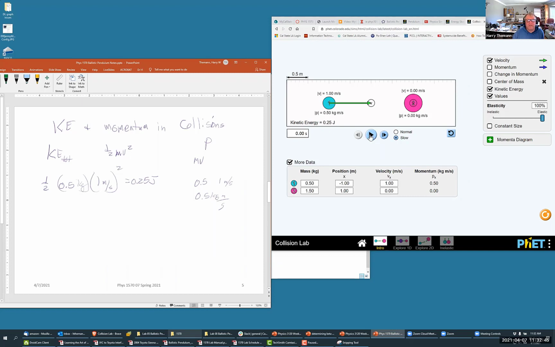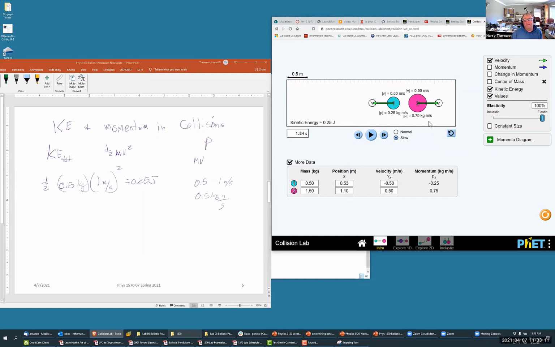So we can start this thing going. In fact, I can step it. And basically, it hits, it rebounds, and for sure, it has a different absolute magnitude of momentum.